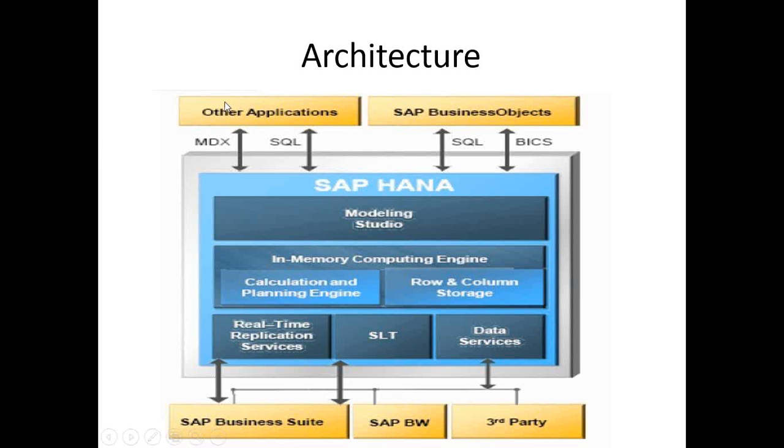You have MS Excel. You also have Lumira. All of these can be on top of it. Even your predictive analytics can also be leveraged on top of HANA. So this is basically the architecture and idea of SAP HANA with Business Objects Data Services for moving data into HANA.